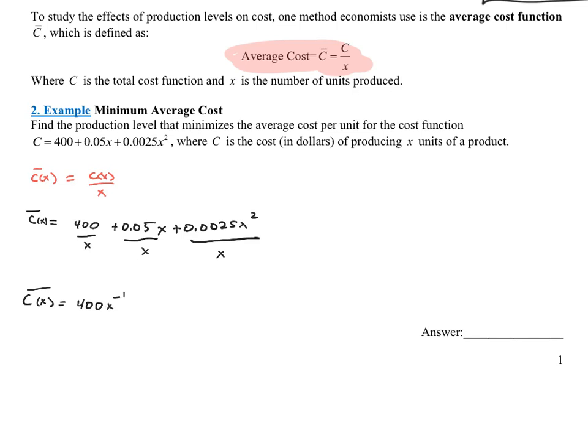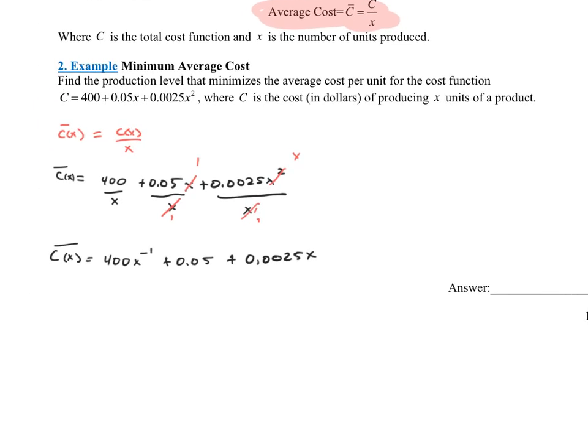Remember, I'm going to be taking the derivative of this. The x's simplify in the next one, so I just have plus 0.05. And then the x's simplify in the next one as well, and I'm left with plus 0.0025x. That is my average cost function. Again, I have not taken a derivative yet. I have just found the average cost function.